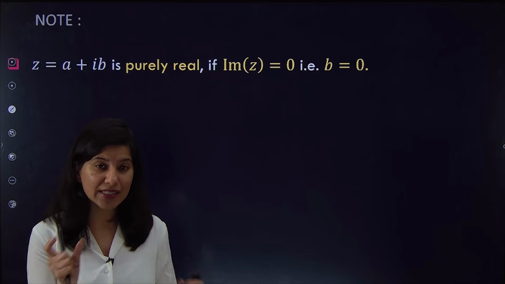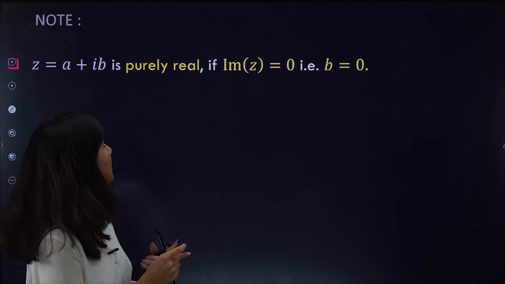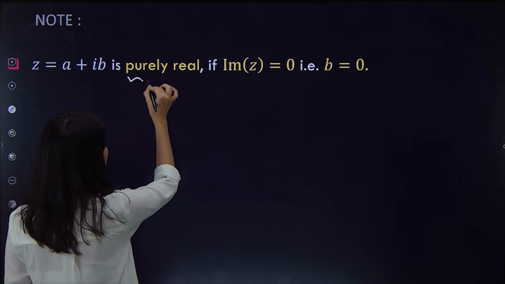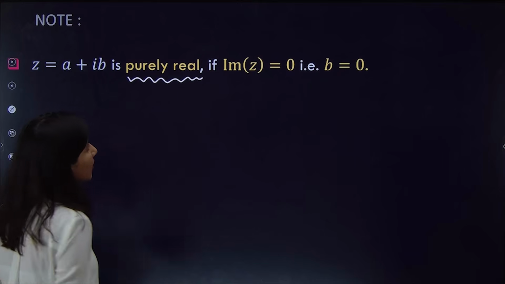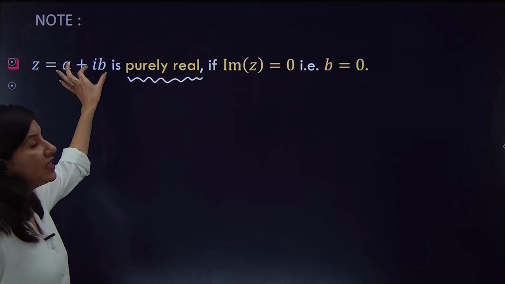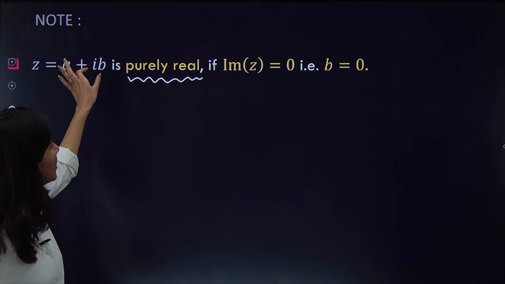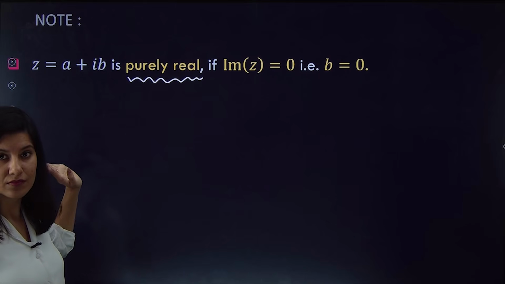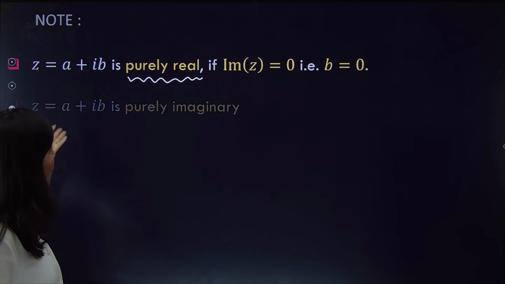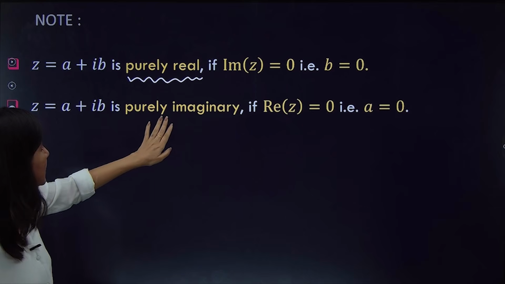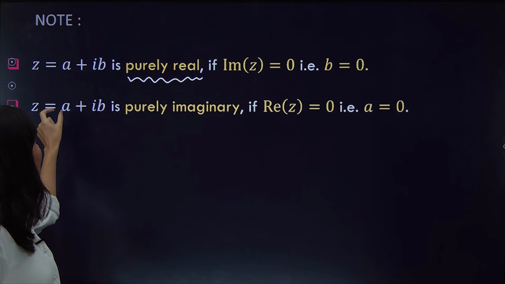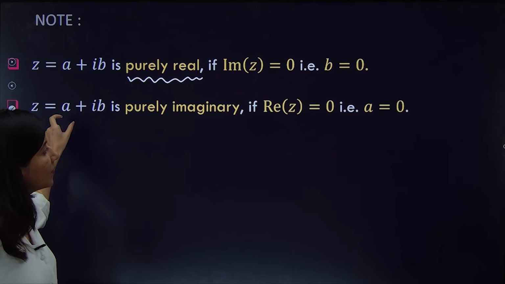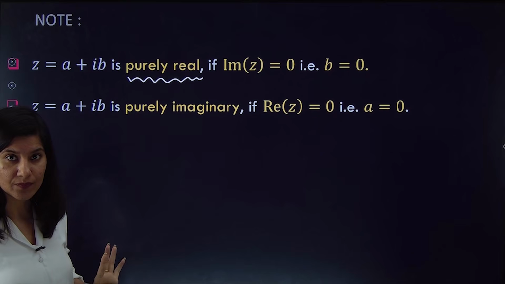So you need to understand this term. If a number is purely real, that means the imaginary part is missing. That means imaginary part b is 0. If a number is purely imaginary, what does that mean? Purely imaginary, that means real part is missing. That means a is 0.